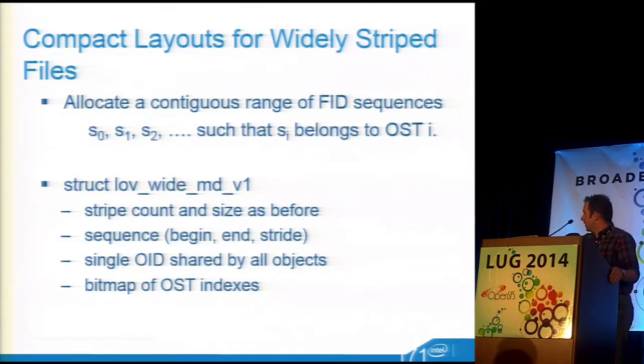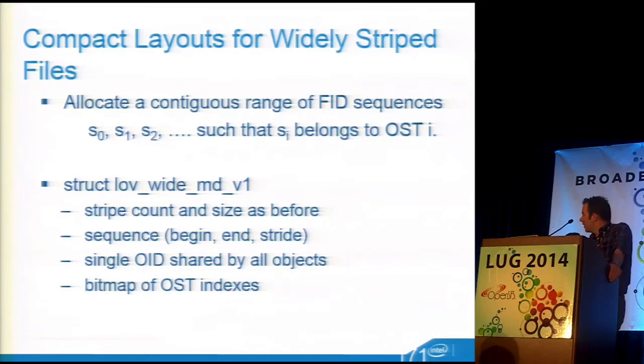So we have, in this layout, stripe count and size as before, and then we have some way of describing the sequence of FID sequences. All the objects share a single OID, and then we have a bitmap of OST indices.